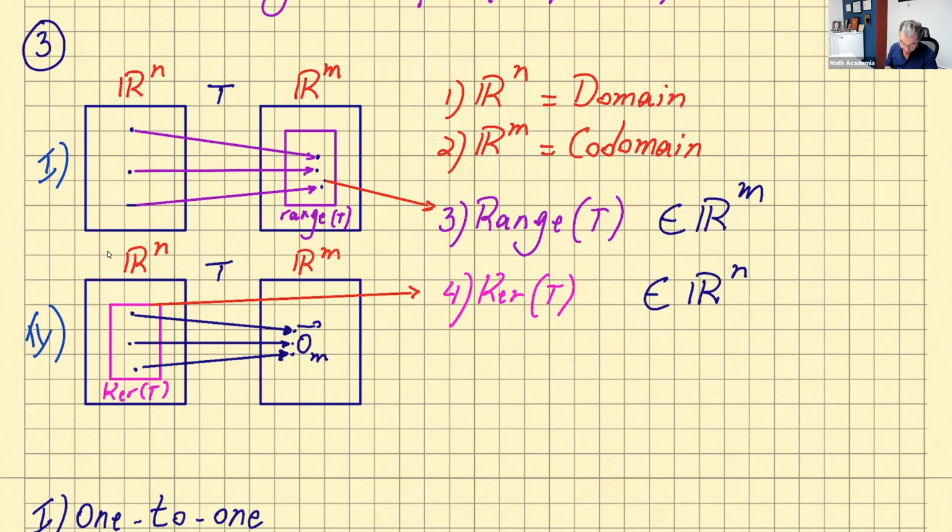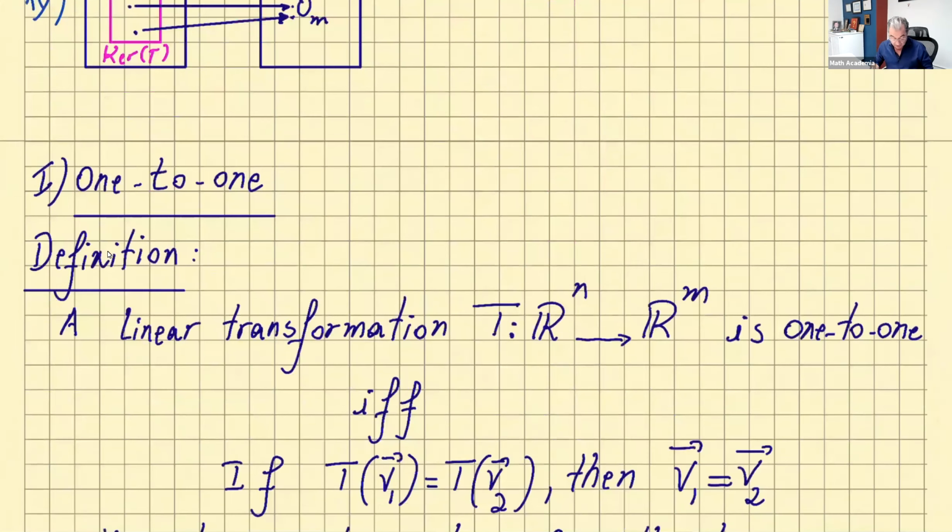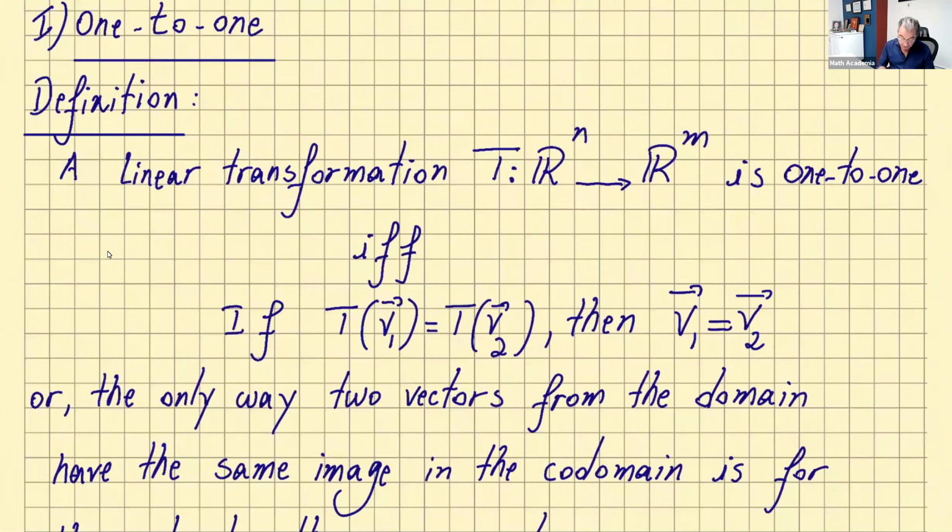The kernel of T, or ker of T, here is in Rn, and is the vectors that make the transformation 0. Now let's see what a one-to-one transformation is.